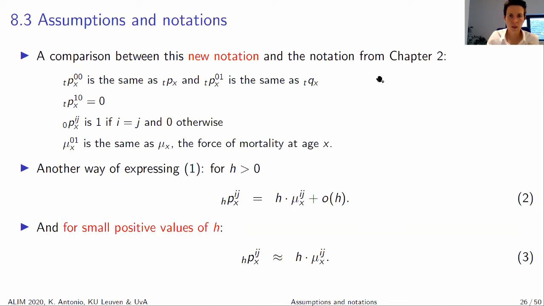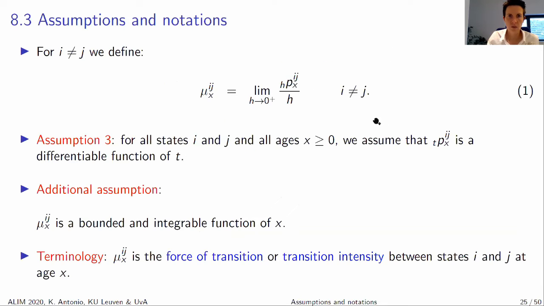Let me go back to this expression. We introduced the notation Pij to denote the transition probability from state I to state J, and we introduced the mu ij to denote the force of transition, or the transition intensity, to go from state I to state J. Now picture this formula that you see over here.